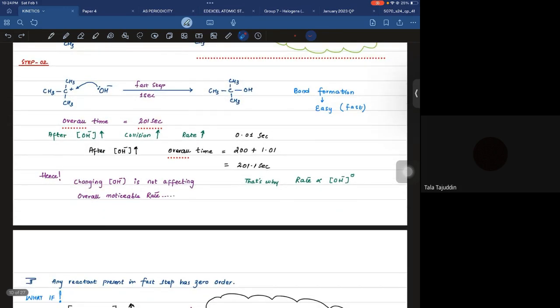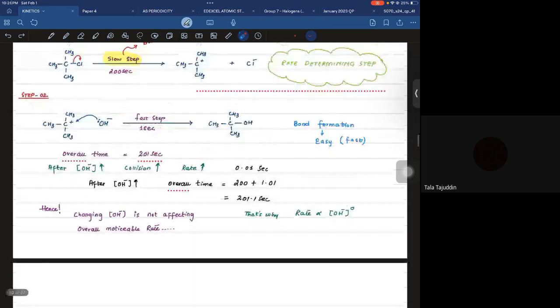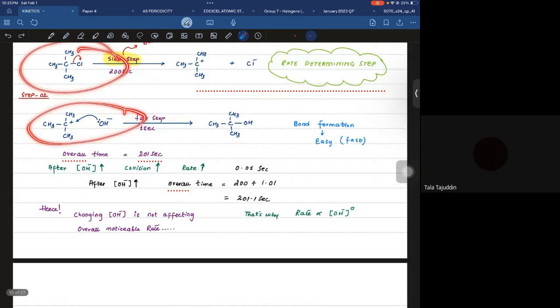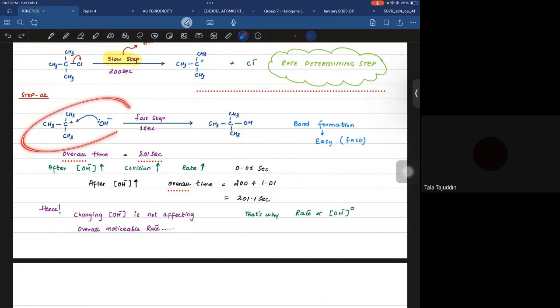Now I have just given a few examples. Let's suppose one step takes 200 seconds, another takes 200 seconds, and another takes 0.01 second. Ultimately, it would not affect your overall rate unless you change the concentration of OH negative ion. It's not going to change your result.